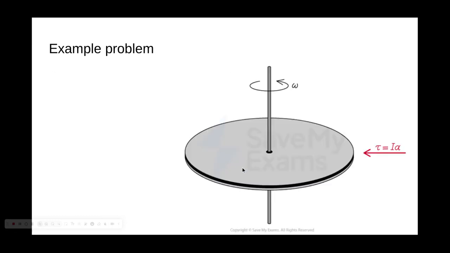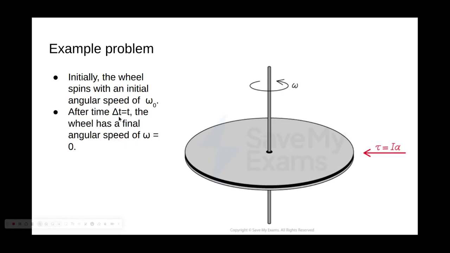So what we're doing here is we've got say a disc spinning, and we're going to apply a torque to the outer side and use it as a brake and bring this thing to a stop. So its initial speed, omega 0, is some value. After a certain amount of time, the final time being designated with t, then the angular velocity is going to be 0.